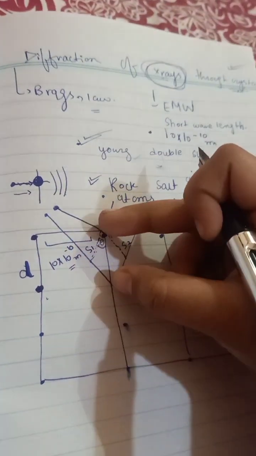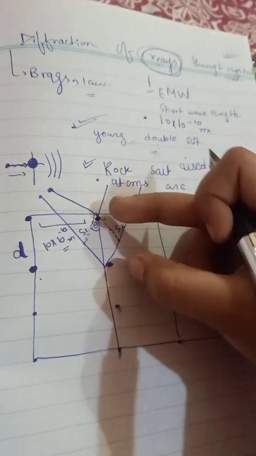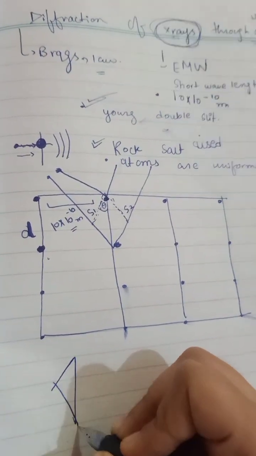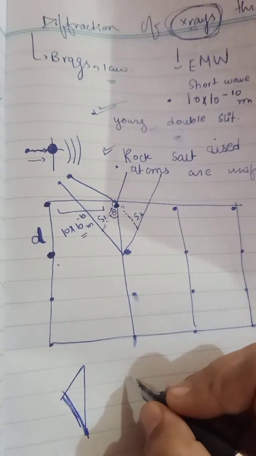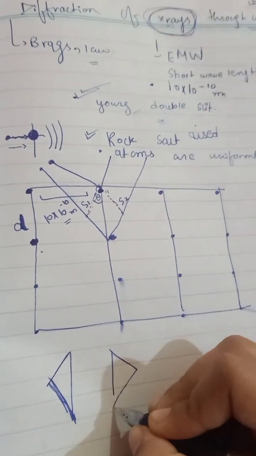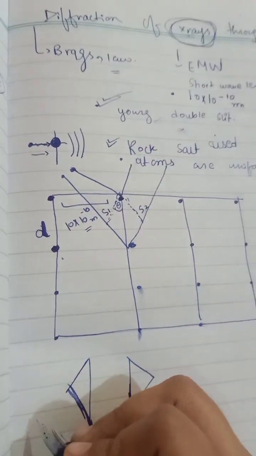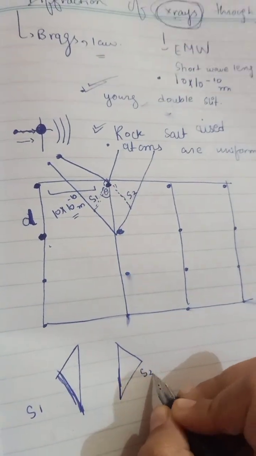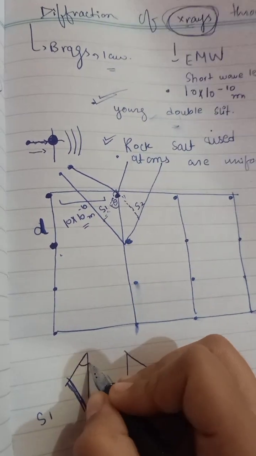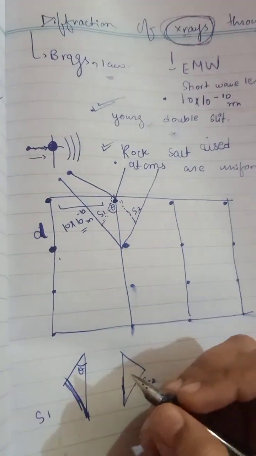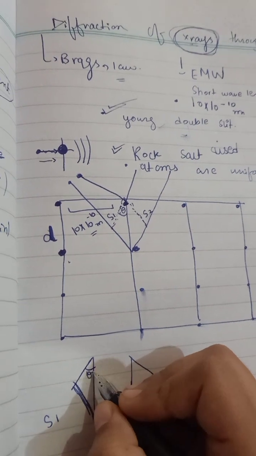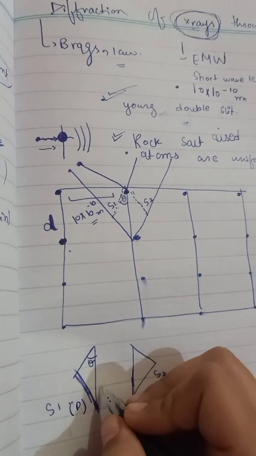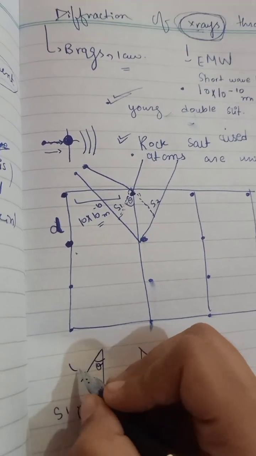So let me make this same structure here of this angle so you can easily understand. Here we are having S1 and S2, and here we are having the angle. From the angle, the sides can be the perpendicular, the hypotenuse, and the base.